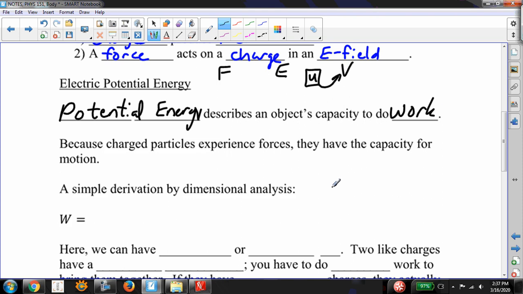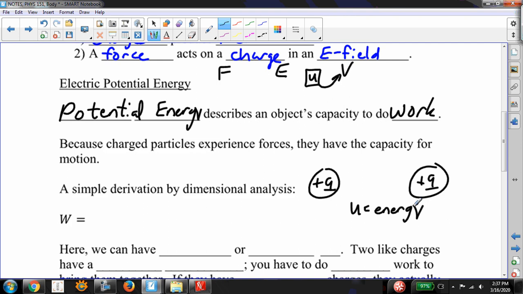If I have two charges, say a positive charge here and a positive charge here, and I hold them in place, they'll be there, but they have the potential for motion, because if I let them go, they're going to fly apart from one another because like charges repel. So they have a certain amount of energy, or potential energy. Remember, we used U for potential energy.